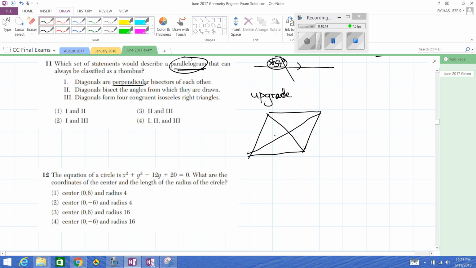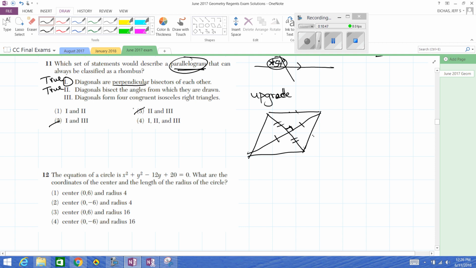If it was just a parallelogram, to upgrade it to a rhombus to make these the same, you would need a right angle there. So that's true. Diagonals bisect the angles from which they're drawn. Again, since we have a parallelogram, if both diagonals do bisect their angles, that is an upgrade. Okay. So, just 1 and 3's out, just 2 and 3's out. Okay, it's one of these two.